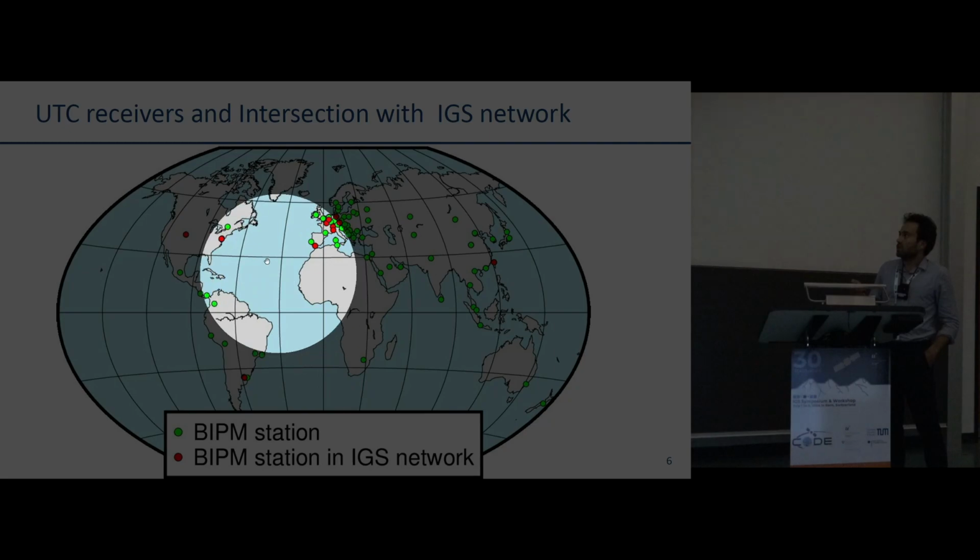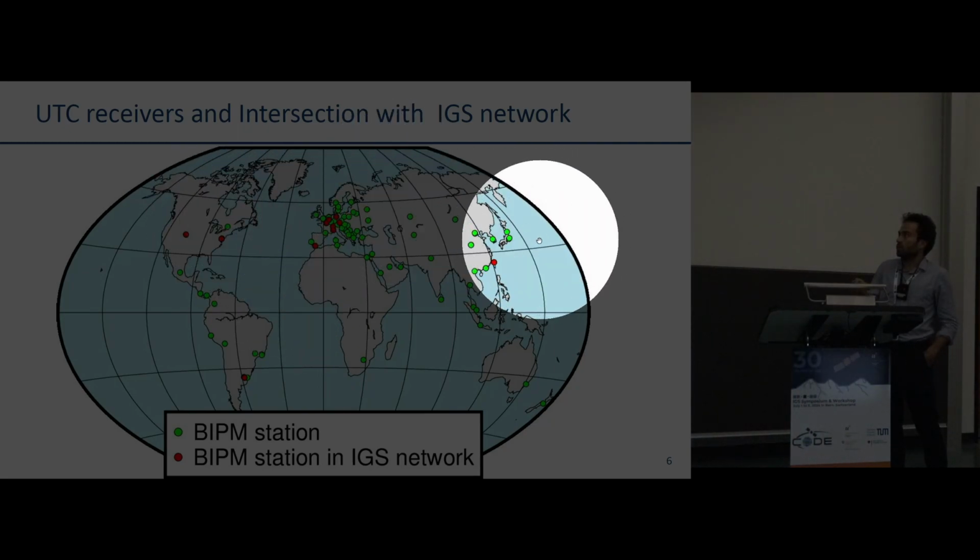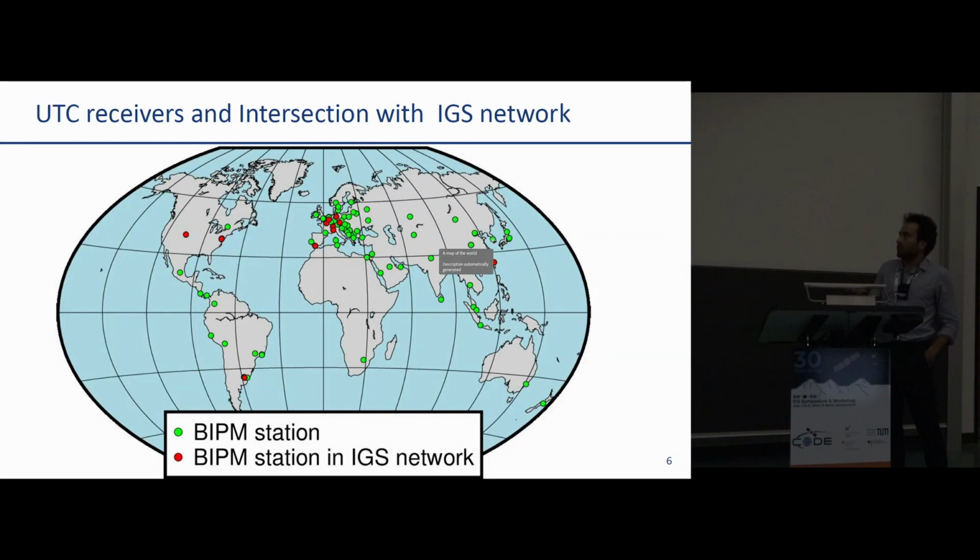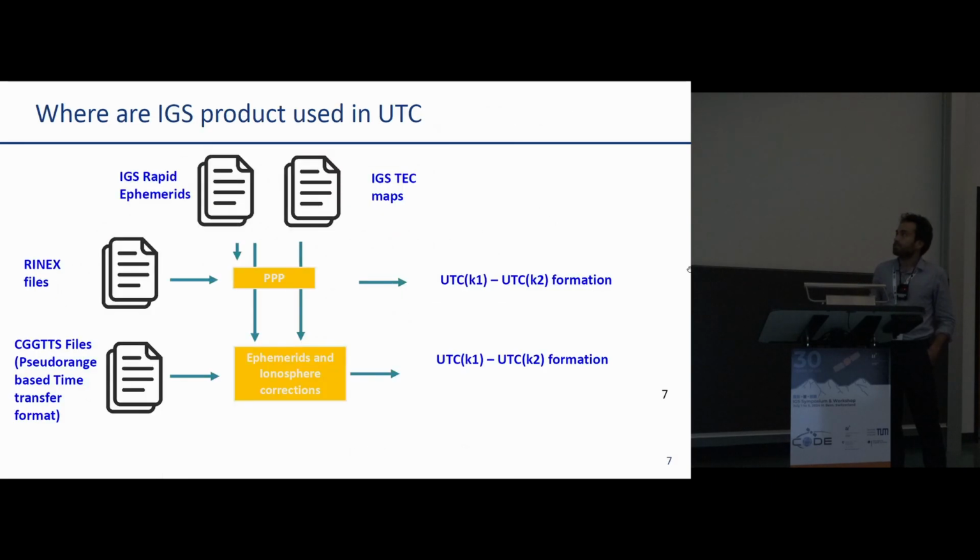You can see two of them in North America, many in Europe, and one in Asia and one in South America. Since these labs are temperature controlled, the bias of these stations will be very stable, and I will show later that we also calibrate these stations, so you can also have the bias for these stations.